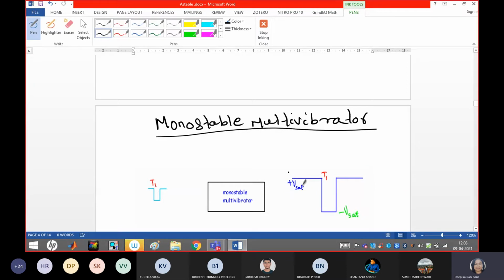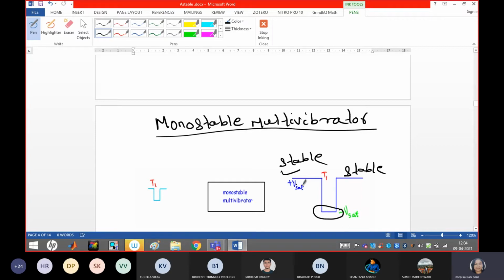Suppose I apply a negative triggering pulse to the monostable multivibrator. How do I get a single stable state? Single means monostable. So here I can say that this part is my stable state, this is the unstable state, and again this is the stable state.